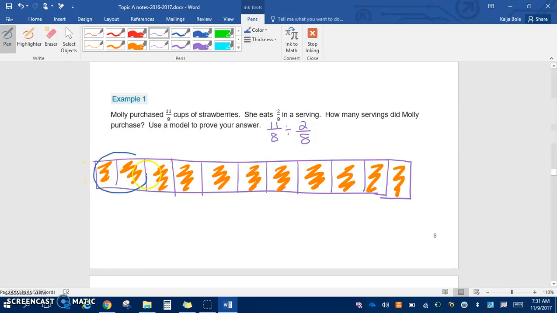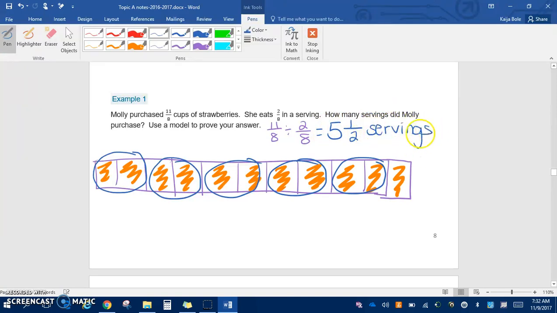So this is one group of 2, 2, 3, 4, 5, and we see that we have 1 left over. So we have 5 whole groups, we have 1 left over, and we were circling them in groups of 2, so the answer would be 5.5 servings. That's how much Molly purchased.